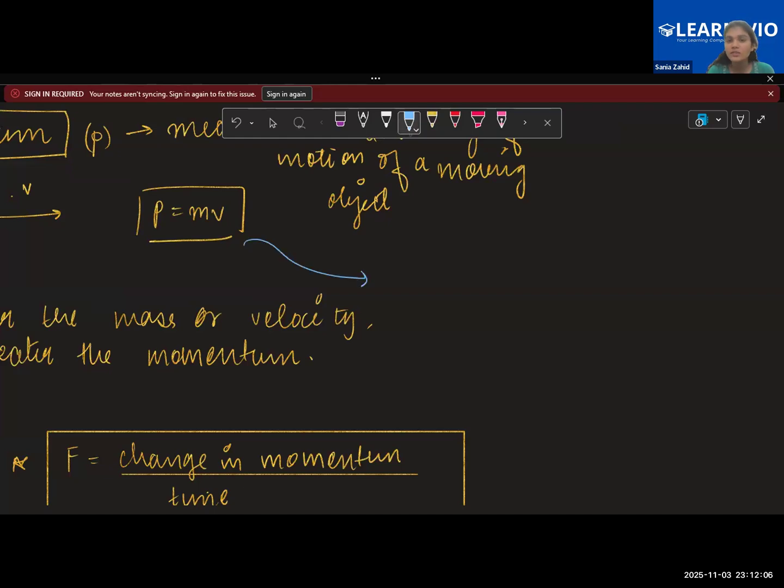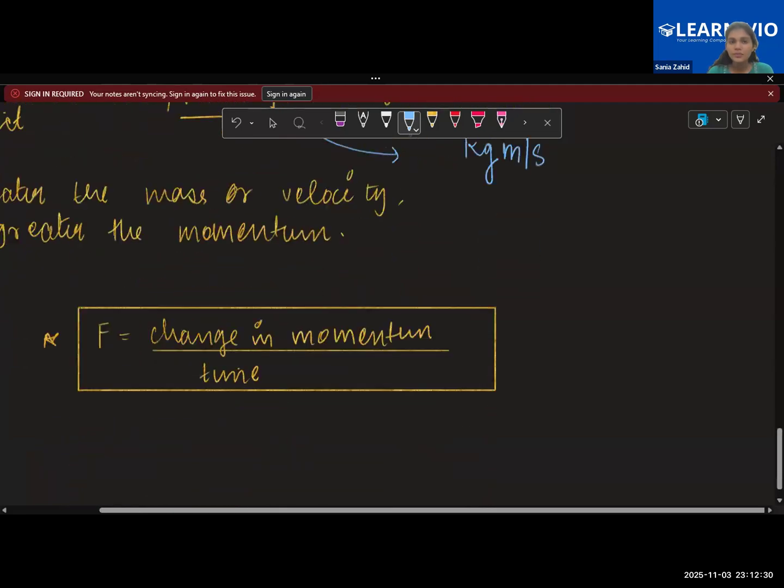Look here. What is the unit of mass? Kgs. The SI unit is kgs. And what is the SI unit for velocity? Meters per second. So it is kg meter per second, the SI unit of momentum.